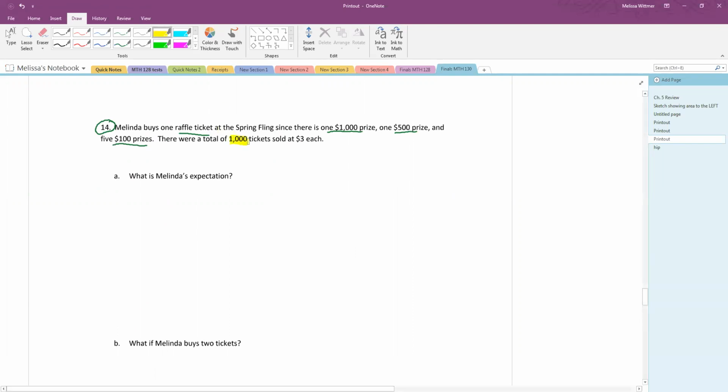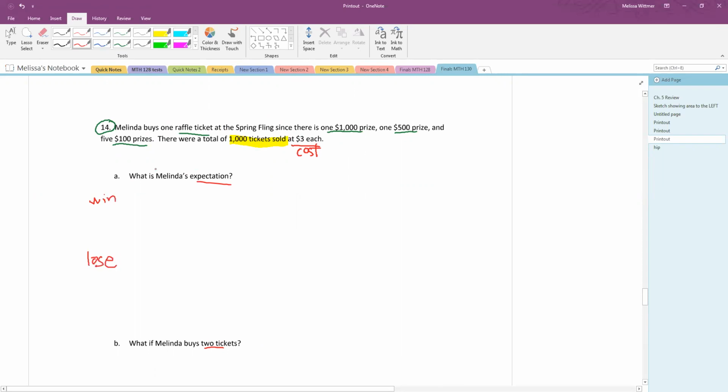There's a total of 1,000 tickets, so that's your denominator for your probabilities, and there is a cost of $3 per ticket. So we always set up our expectation for one ticket. Even if it's talking about buying more than one, we always start with for one. So we can win the game or we can lose the game.